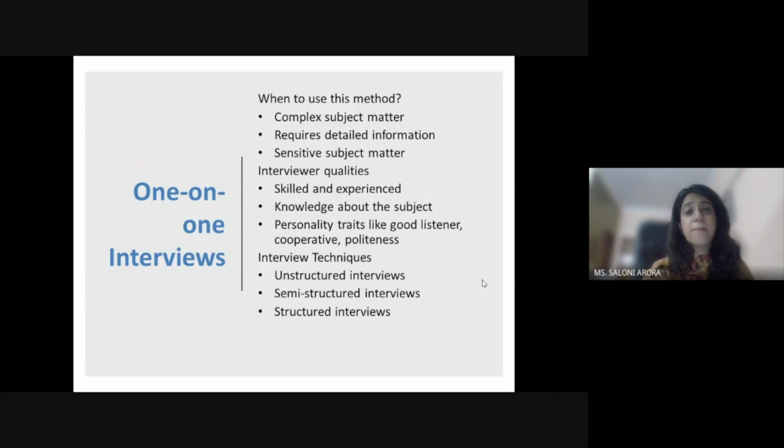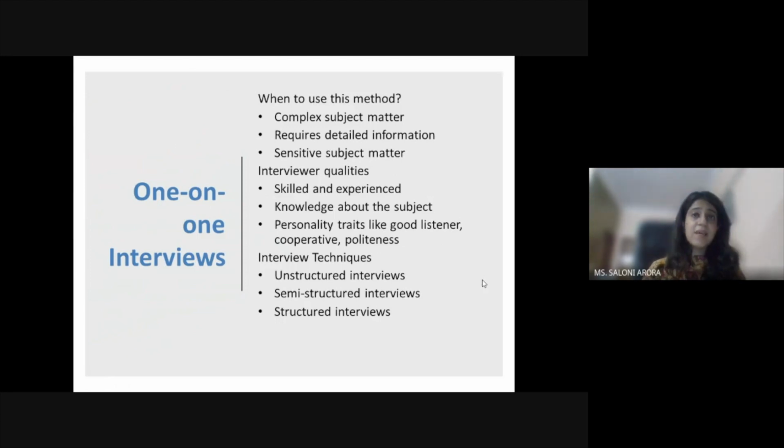Apart from this, there are basic personality traits: you have to be a good listener, very cooperative, patient and polite, you have to mold the questions accordingly, understand the reactions, and make the interviewee comfortable. These are the basic personality traits that an interviewer must possess.